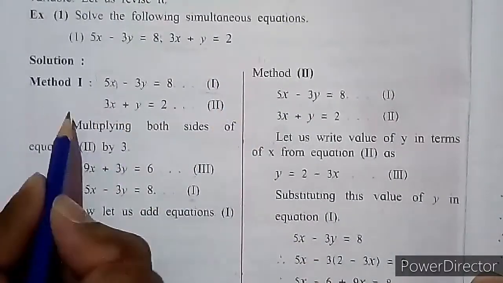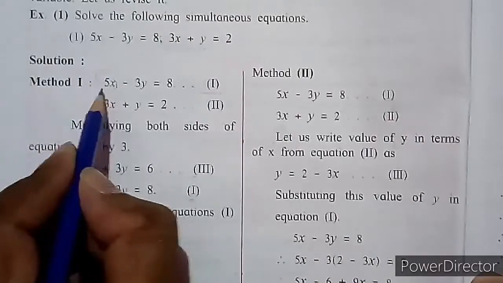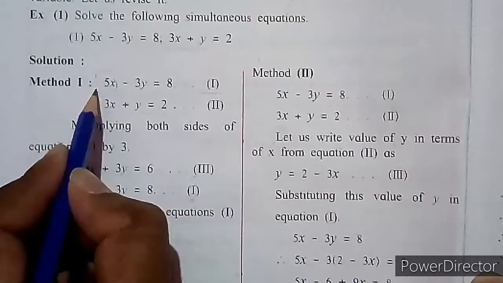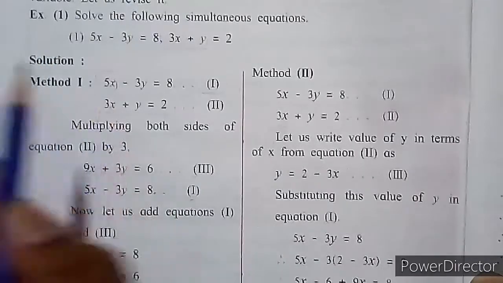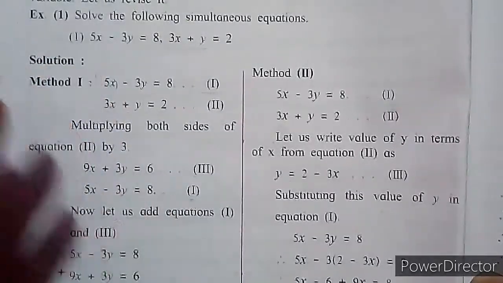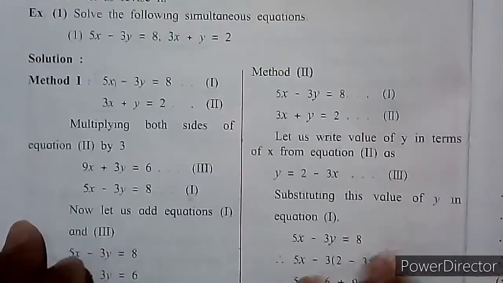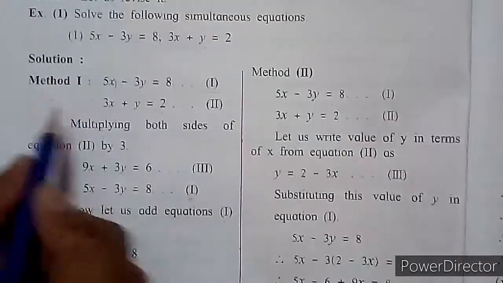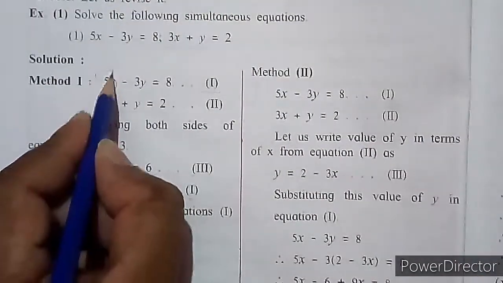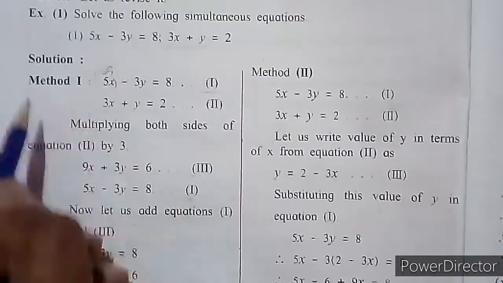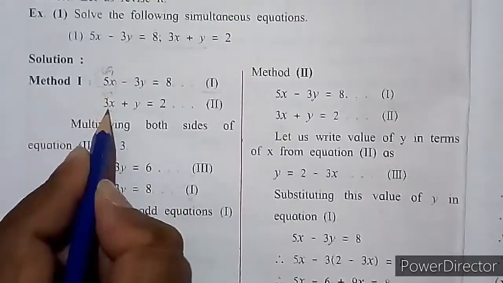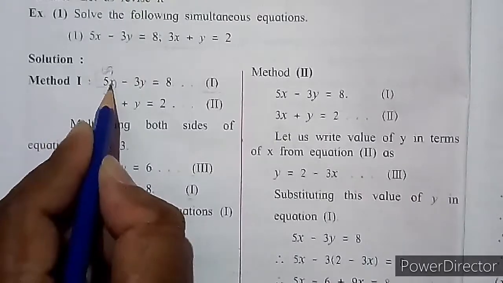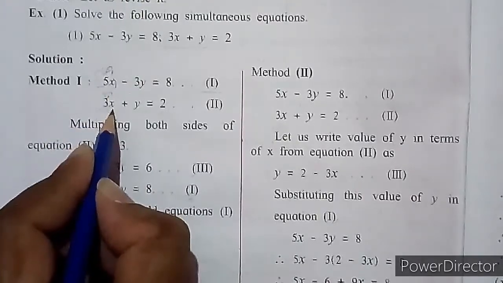Now the important thing is to check the coefficients of the variables and see if they are equal. If they are not equal, make them equal, and after that do the operations. The coefficient of x is 5 here, and the coefficient of x is 3 here, so 5 and 3 are distinct; the coefficients of x are not equal.